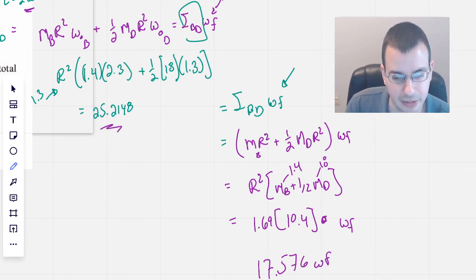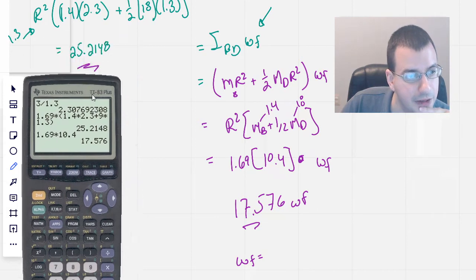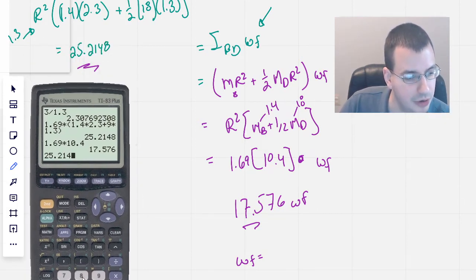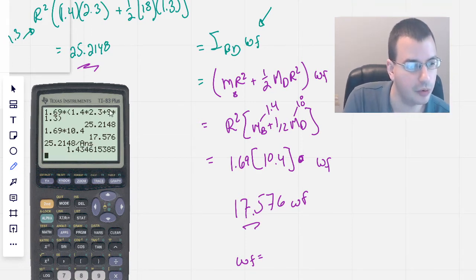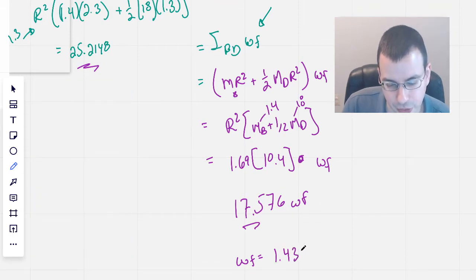Dividing this side by that, we have omega final equals 25.2148 divided by 17.576. There we go. Does that work? 1.435. 1.435 radians per second.